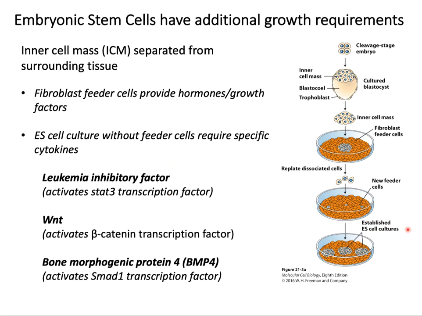So, two controversial issues with embryonic stem cells are: first, when the inner cell mass is isolated, it destroys the blastocyst. This makes embryonic stem cell research controversial because you are destroying an embryo. The other issue is the use of the feeder cells.